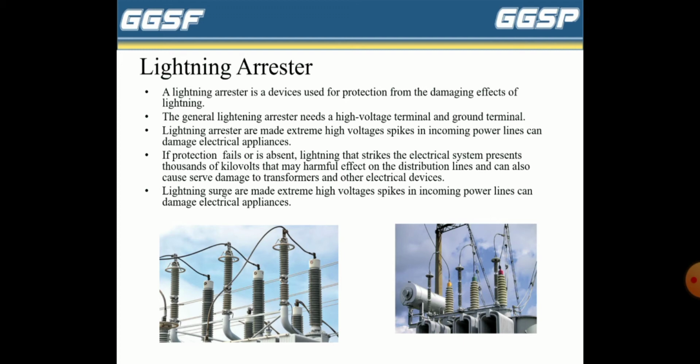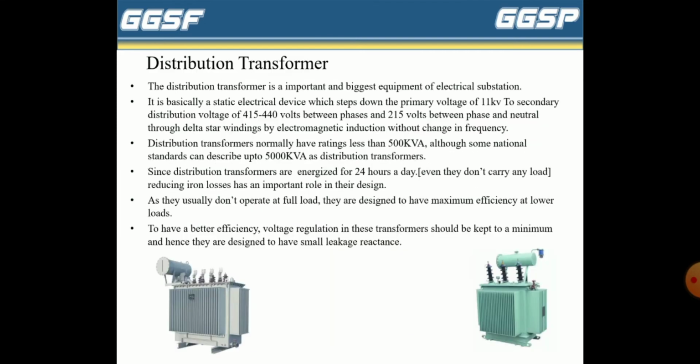If the protection fails or is absent, lightning that strikes the electrical system presents thousands of kilowatts and may have a harmful effect on the distribution lines, and can also cause severe damage to transformers and other electrical devices.